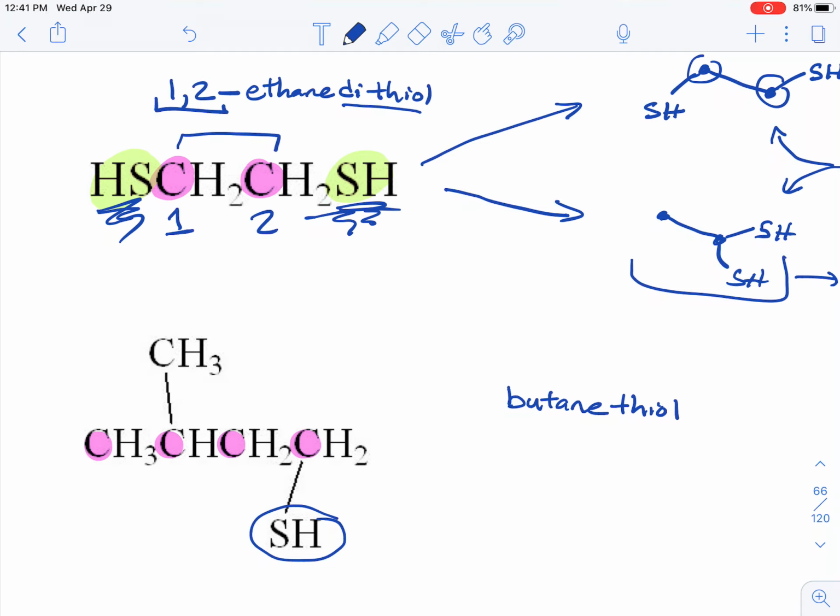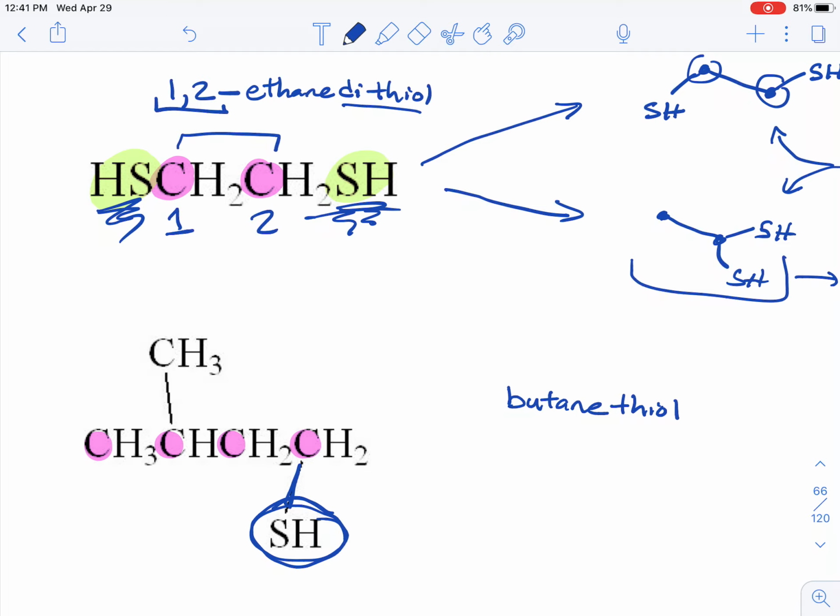And so we want to communicate to our audience what carbon number that sulfhydryl group is on. And so remember that these sulfhydryl groups, these functional groups, are going to get the lowest possible carbon number when you're trying to number your carbons from left to right or right to left.